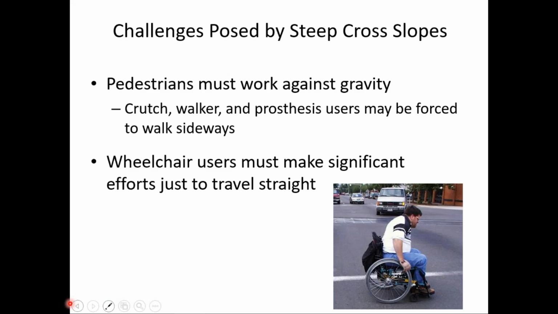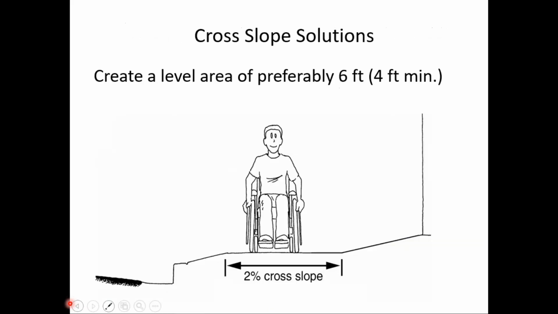And I think we've just talked about that. So what are some cross slope solutions? I mentioned the pedestrian circulation path. The pedestrian circulation path is measured from the back of curb to the back of the sidewalk. So notice here we have a relatively wide pedestrian circulation path.